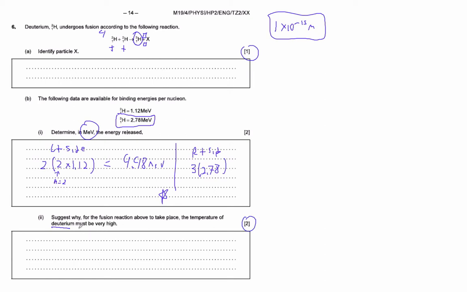And so the temperature has to be really high because high temperature corresponds to high velocity, high kinetic energy, therefore high velocity. And those particles have to be going fast for them to get close enough to interact using the strong nuclear force and bind to each other, okay? They have to get very close and they have to be going very fast so that it's kind of like bumper cars.